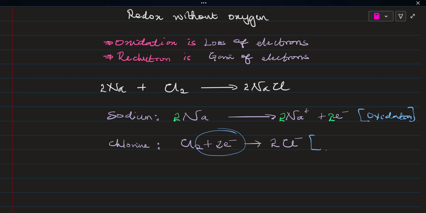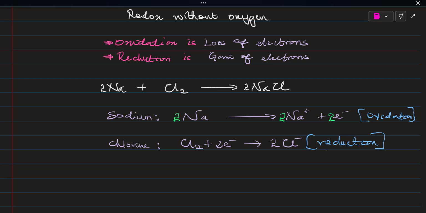That is why this process is reduction, because reduction is gain of electrons. So the sodium part of the equation is oxidation, and the chlorine part of the equation is reduction.